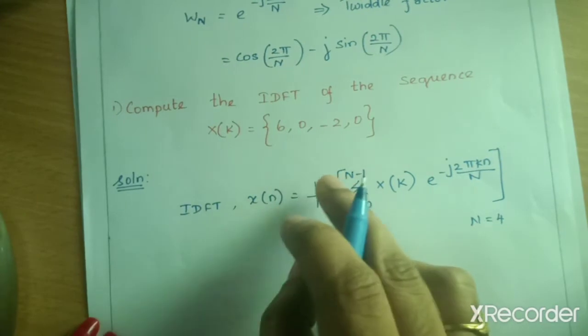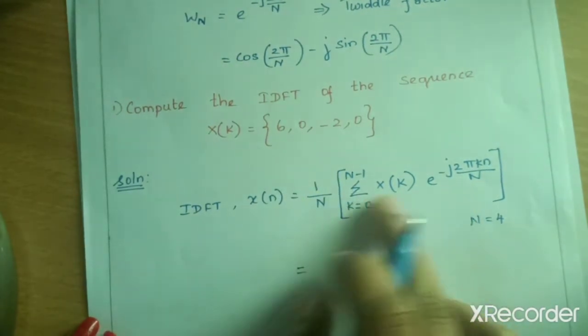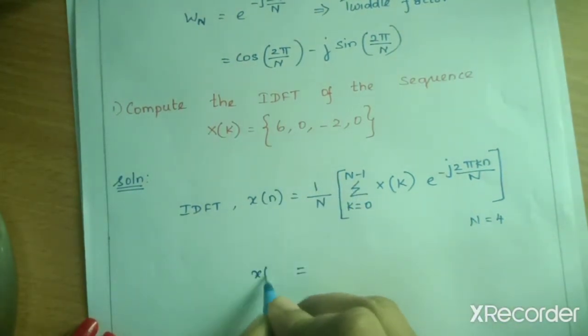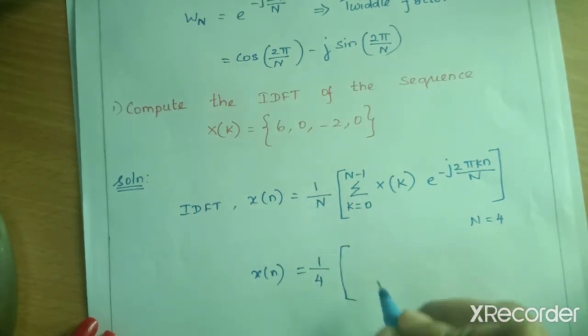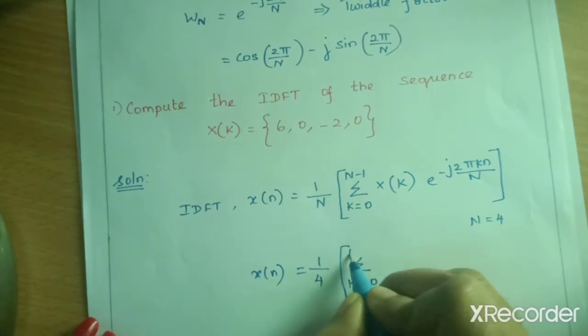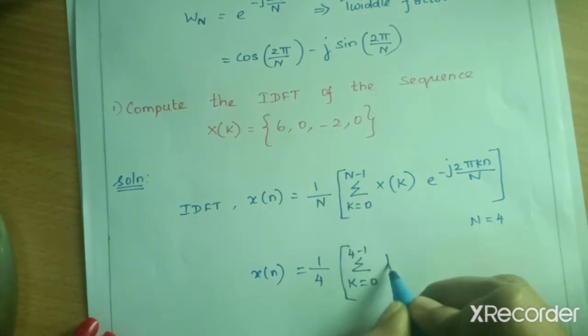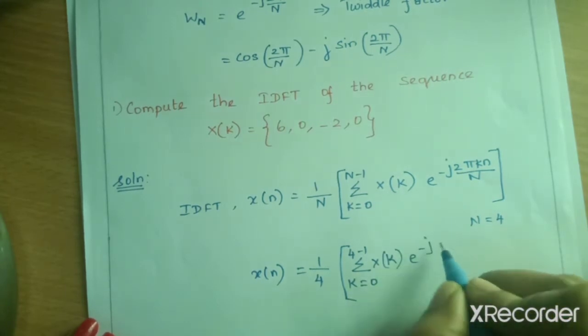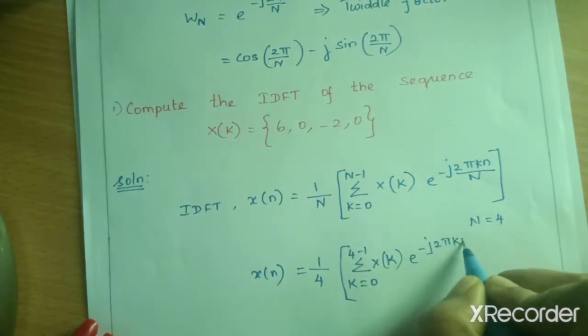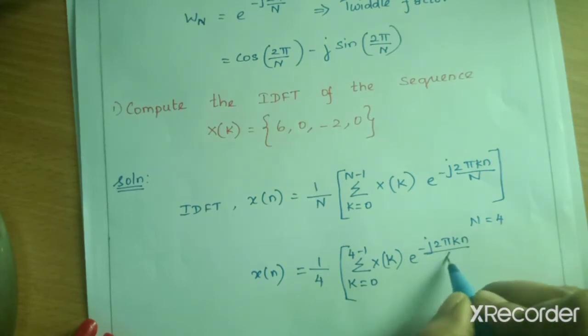So substitute the value of capital N in this formula. We get x of n is equal to 1 by 4 summation of k is equal to 0 to 4 minus 1, x of k e power minus j 2 pi k n divided by 4.